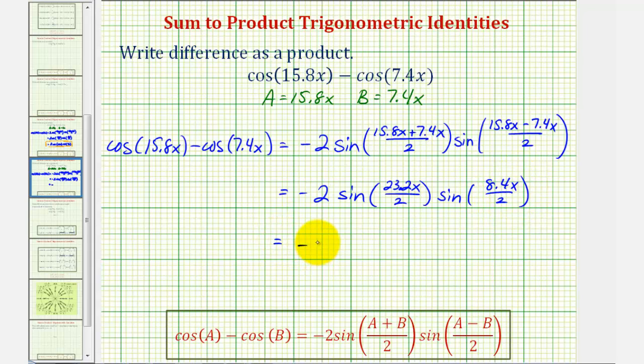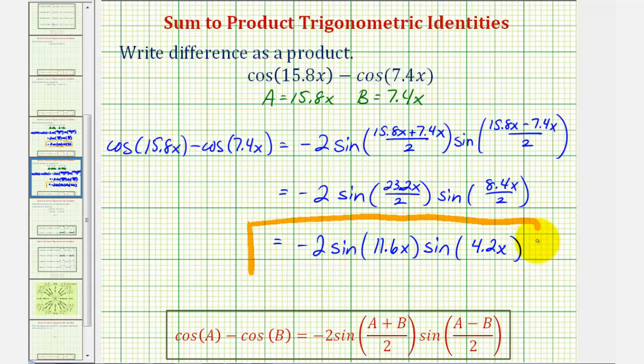And finally we have negative 2 times sine 23.2x divided by 2 would be 11.6x, times the sine of 8.4x divided by 2 would be 4.2x. And once again, we have the given difference written as a product. I hope you found this helpful.